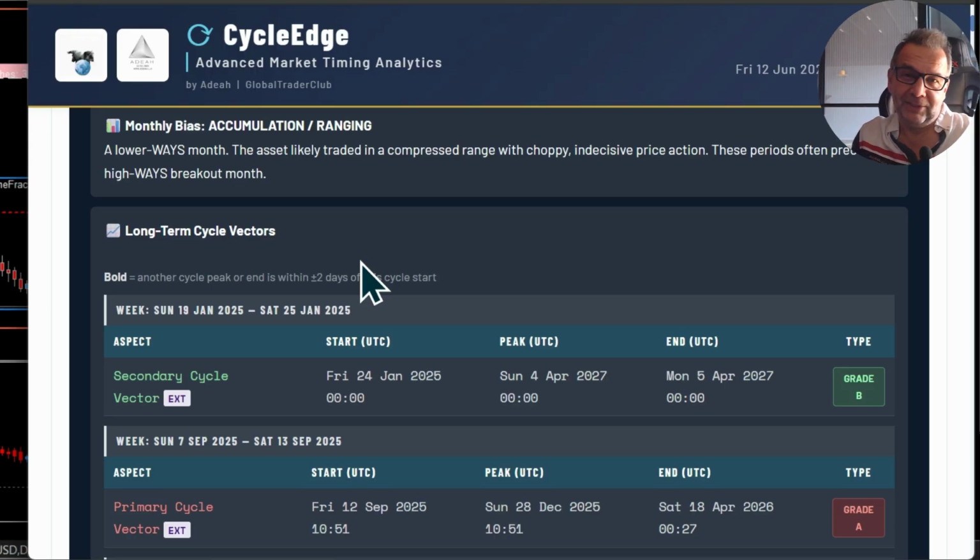Now, the problem, and a major problem with cycles, is there is no one cycle. There are a bunch of cycles. This is why I said a year has 4 cycles, a month has 4 cycles, a week has cycles, a day has cycles, even an hour has cycles, even the smallest minute has cycles. So cycles, there are lots of them.